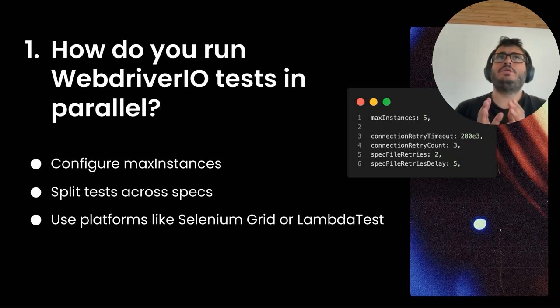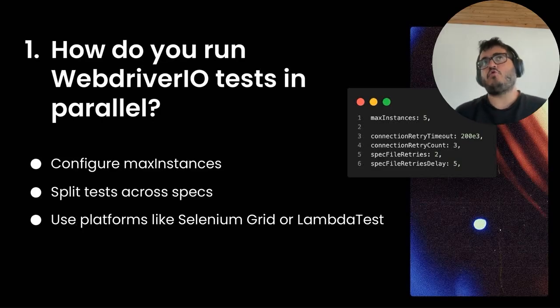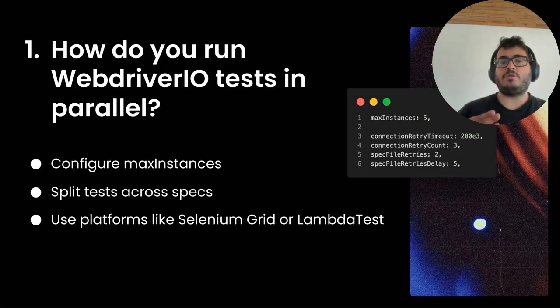First things first, the most profound answer to this interview question is you can use maxInstances in your WebdriverIO conf.js file. This file contains the global configuration, and you need to know that maxInstances is the number of workers WebdriverIO can start and run your tests with in parallel.